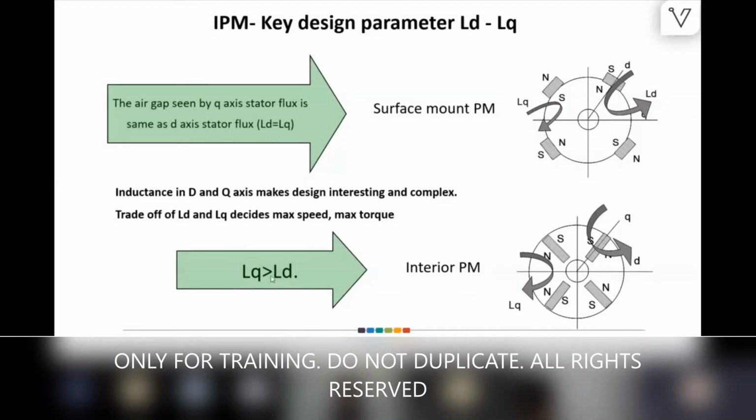When you have these unequal inductances, there is an extra element of torque that we get, called reluctance torque, and that extra torque helps improve the power and torque density as compared to the surface mount, where these two inductances are the same.